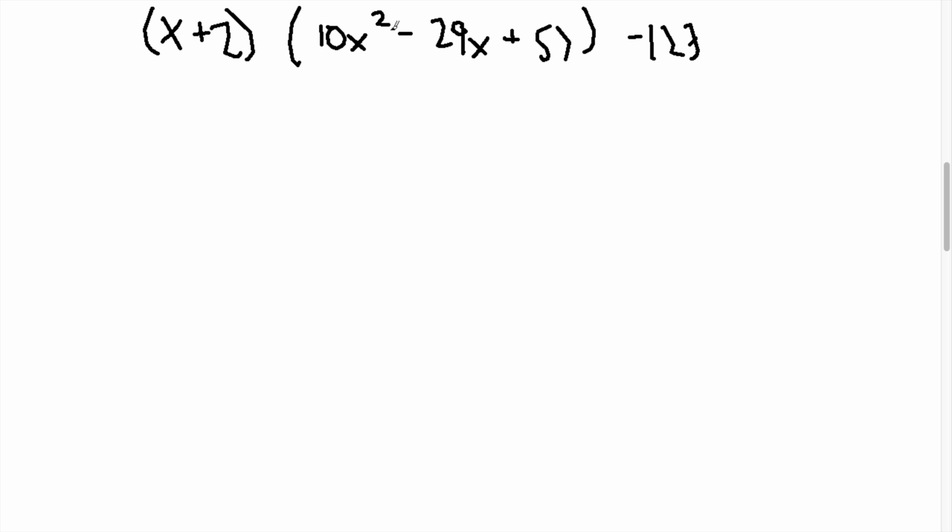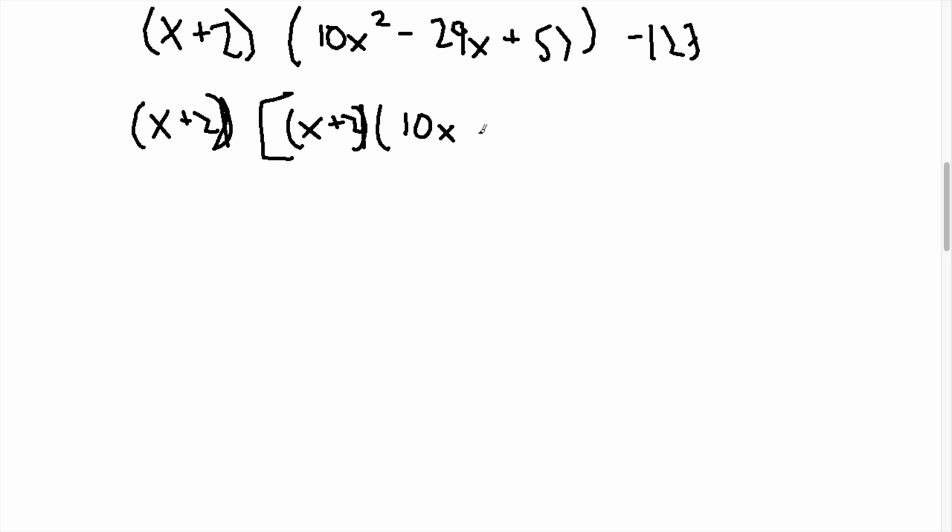But after expanding this further, we found that a simpler version of this is x plus 2 times x plus 2 times 10x minus 49, all plus 155, all minus 123.